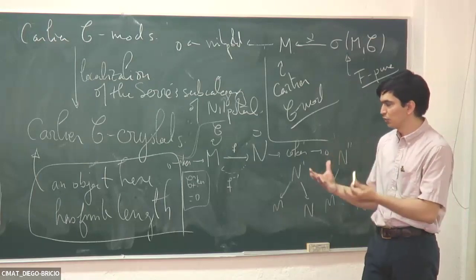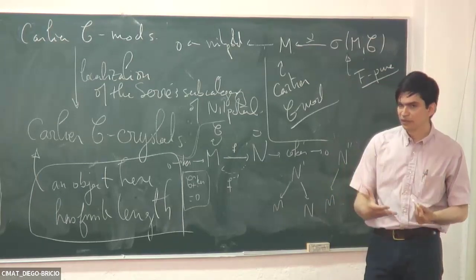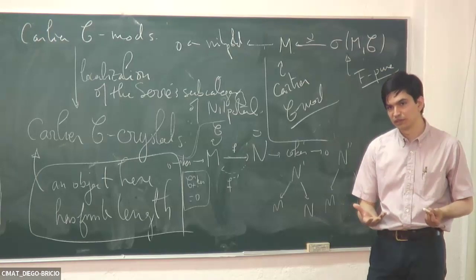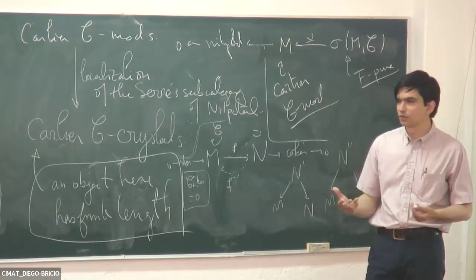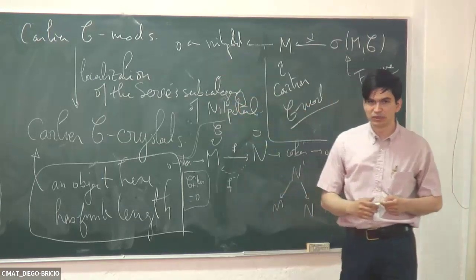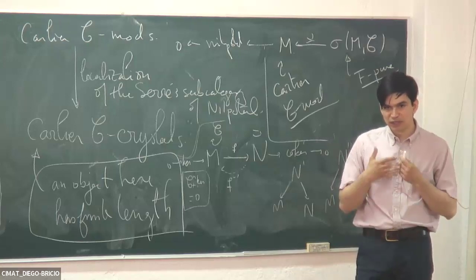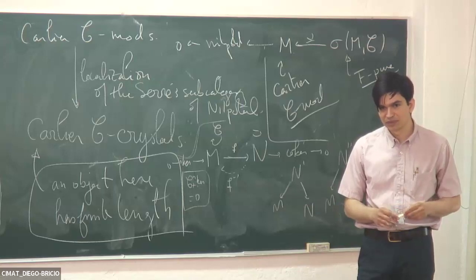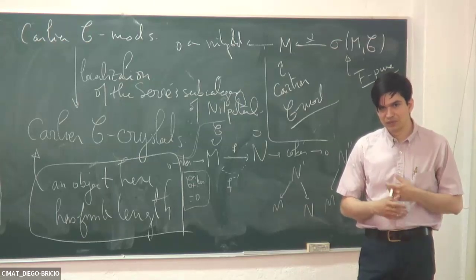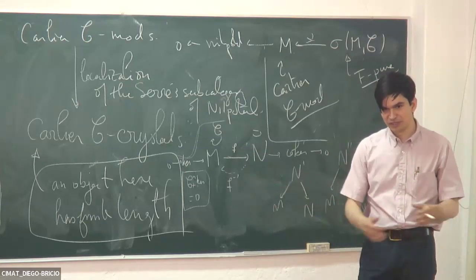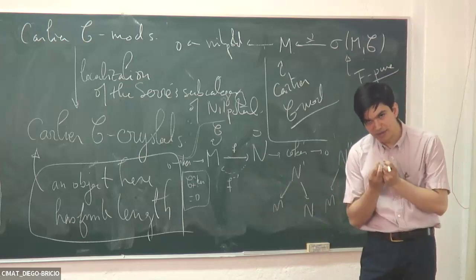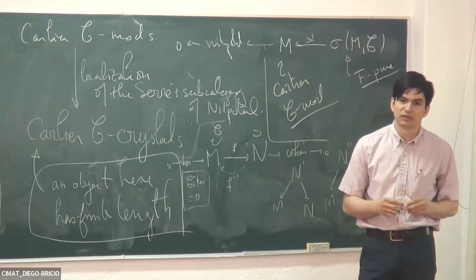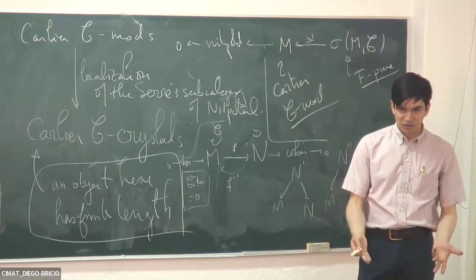And what you realize is that they are actually invariants of the crystal, not of the module itself. So that's another reason why you want to get rid of nilpotent ones. Because nilpotent ones, as far as the theory is concerned, are the same thing as zero modules. And so it's convenient to get rid of all the trash and just work with what matters, which are the crystals themselves. And there are many more reasons, actually.